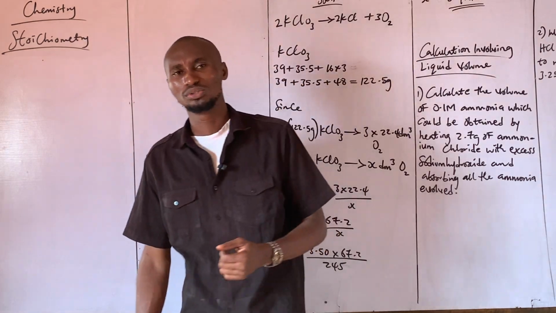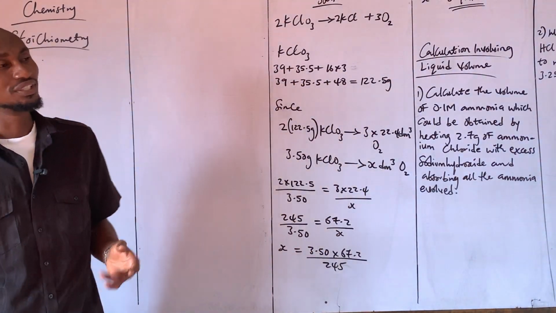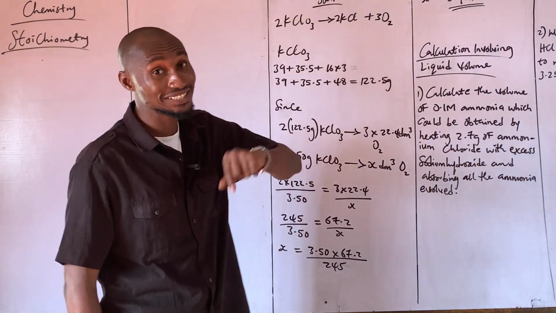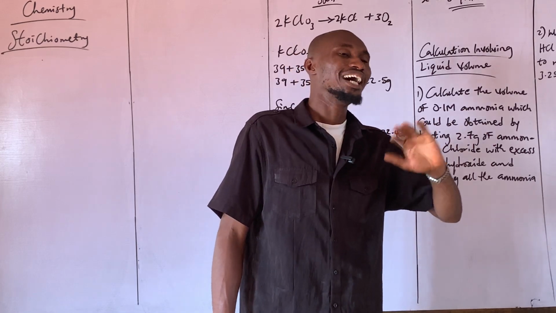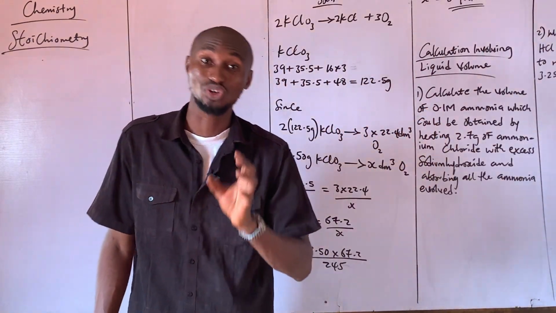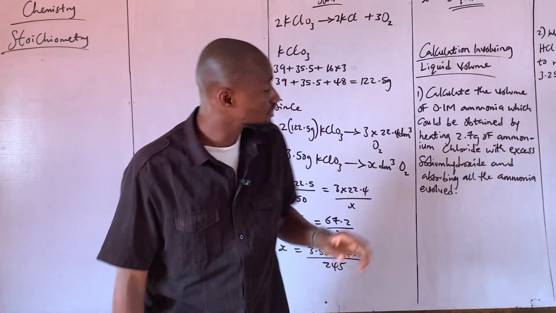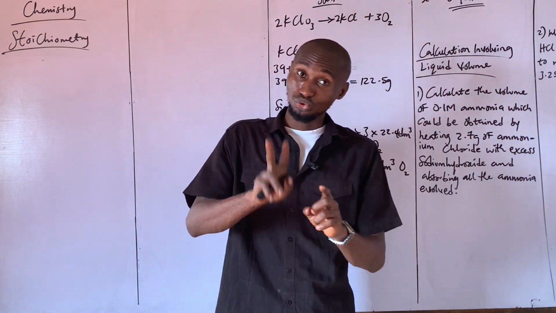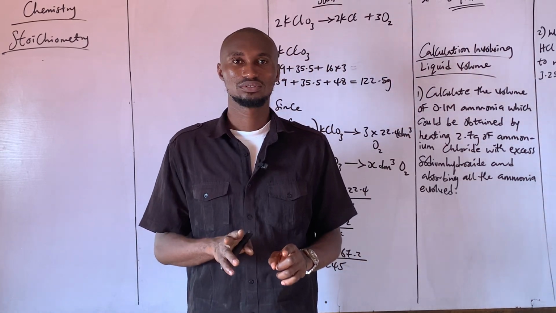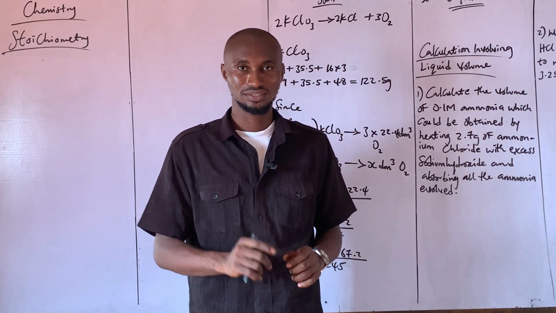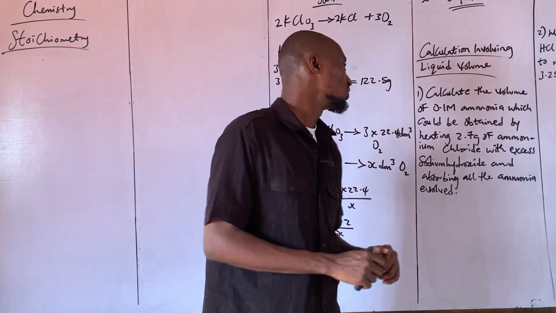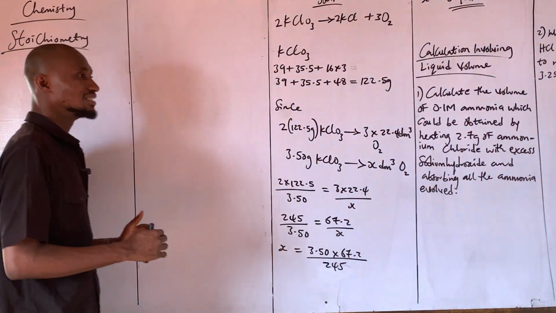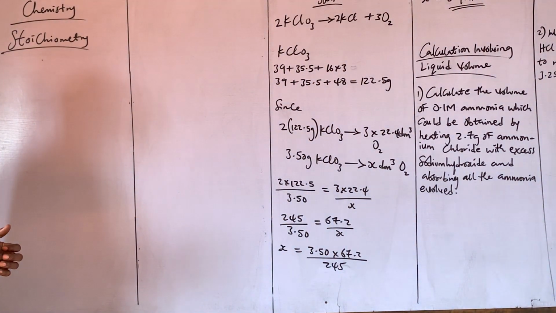Remember I told you that in stoichiometry, you must know how to balance chemical equations and you must know nomenclature. To survive, to thrive in stoichiometry, you must know these two things first before knowing others. They are the blueprints of stoichiometry.